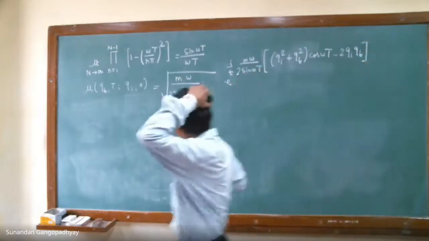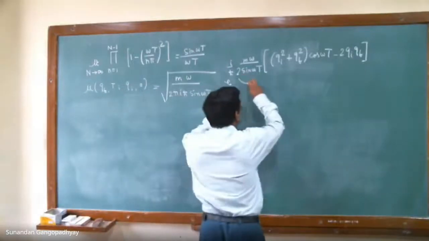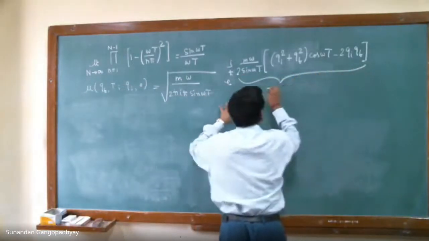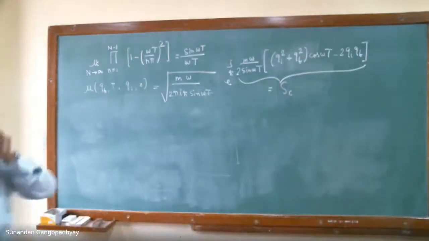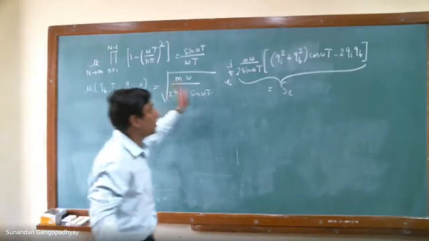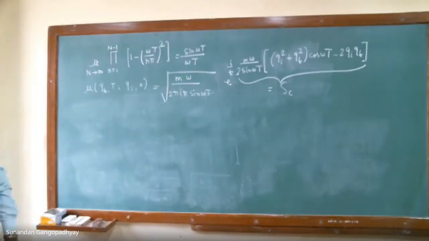So this is the expression for the propagator. So this is the classical action that I have written down for you when I calculated the partition function. So this is the entire expression, the full expression for the propagator of the harmonic oscillator. We shall proceed from here.